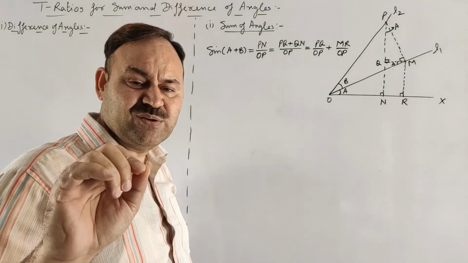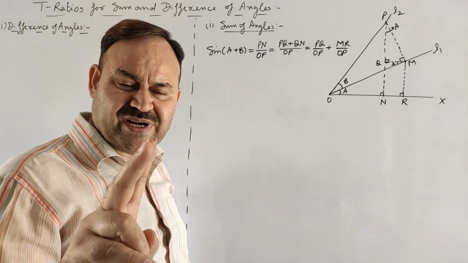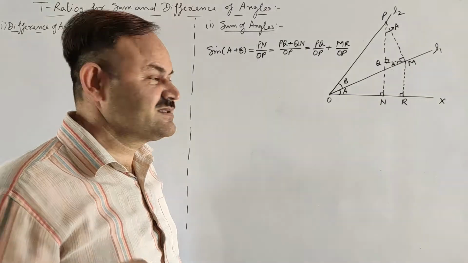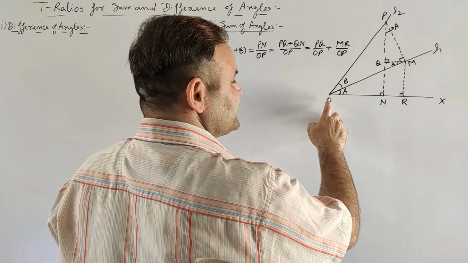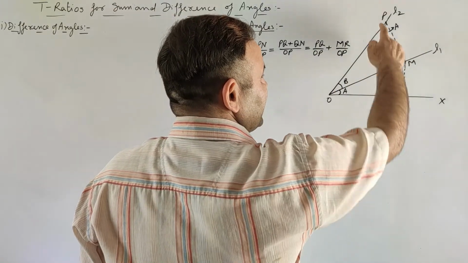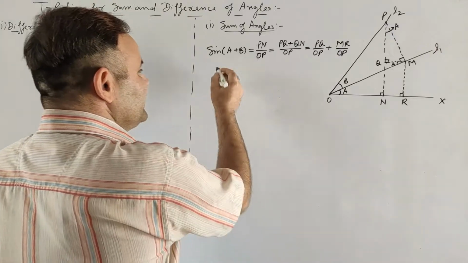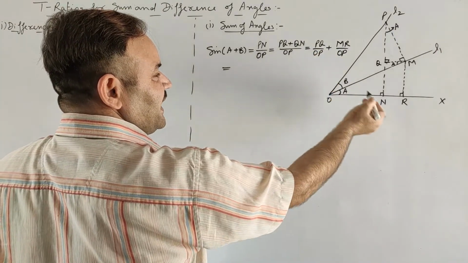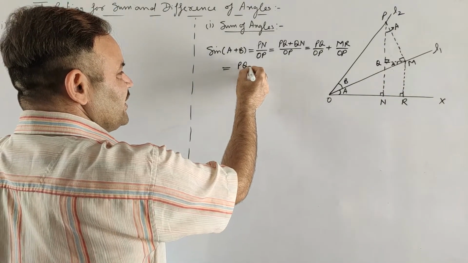We will have to find out a side of these two triangles which is common in both the triangles, and perhaps the side common in these two triangles OPM and PQM is PM. So we will multiply this first ratio with PM and will divide with PM. So it will become PQ upon PM into PM upon OP.